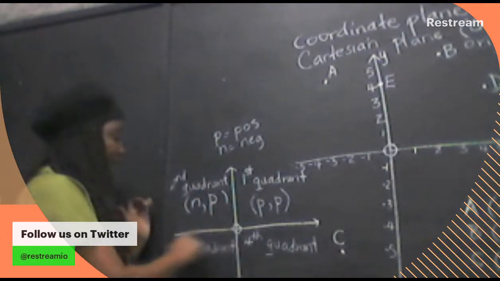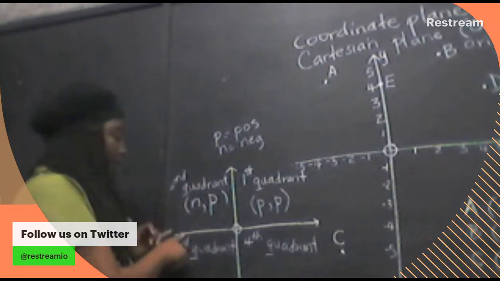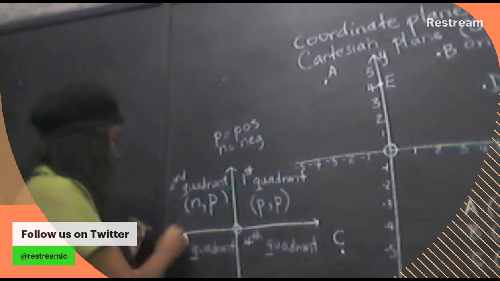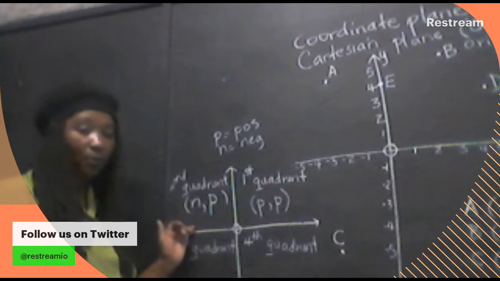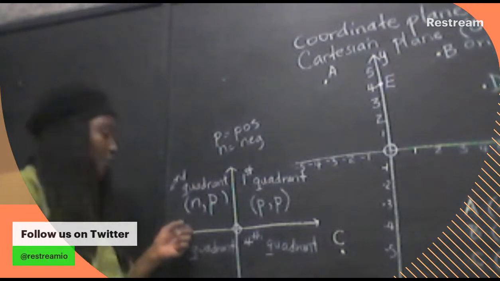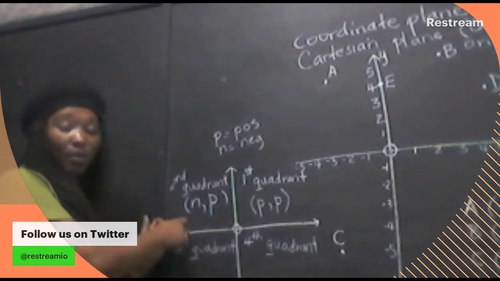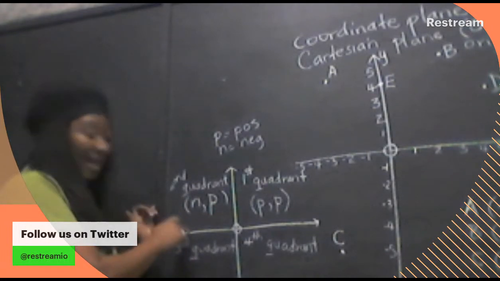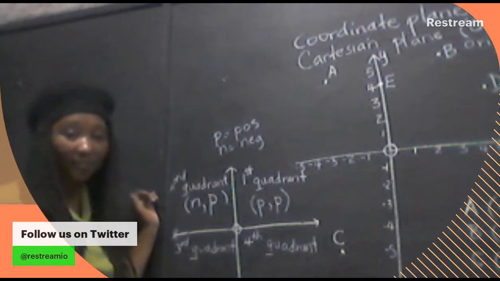If it falls along this part of the x-axis, then we know that the x was negative and the y was 0. So we'd move a negative number on the x and then we would not move again. We would stay on the x-axis. So that means 0 for the y.